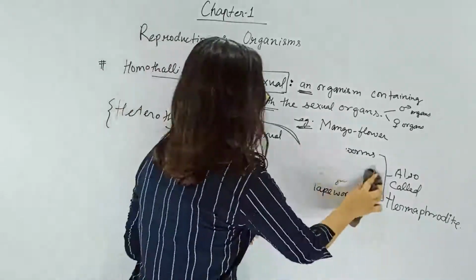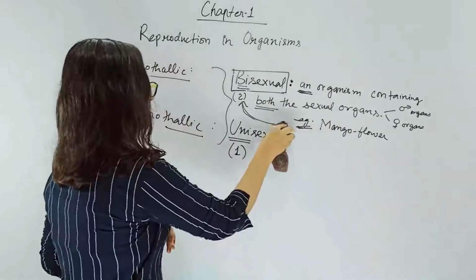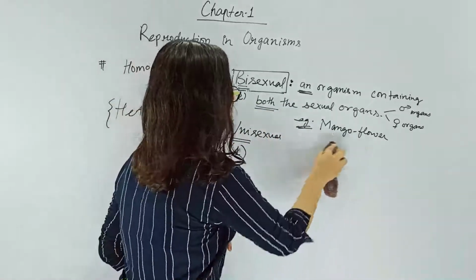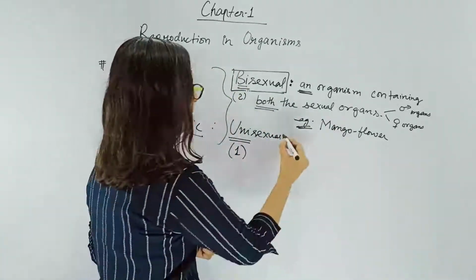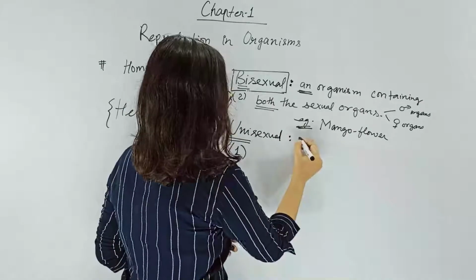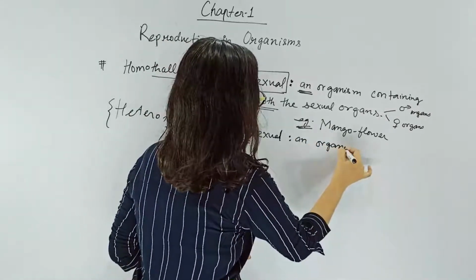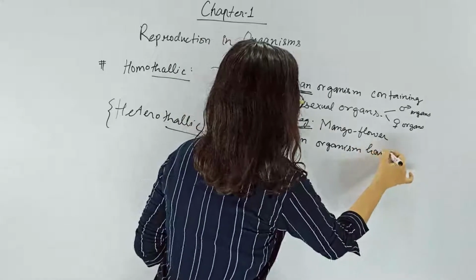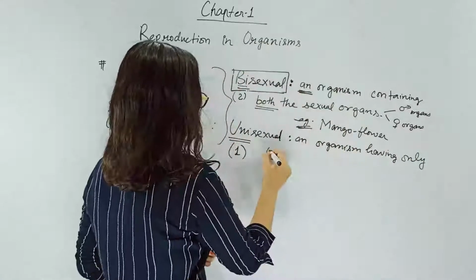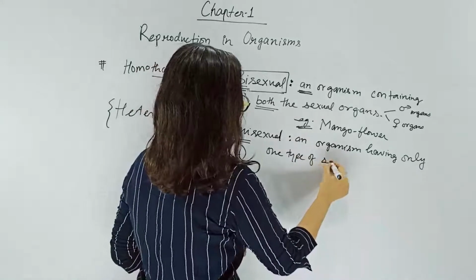Now I am moving to the definition of unisexual. Although you have already got to know this, from your common sense you can understand that when bisexual was the organism having both the sexes, then unisexual is an organism having only one type of sexual organ.